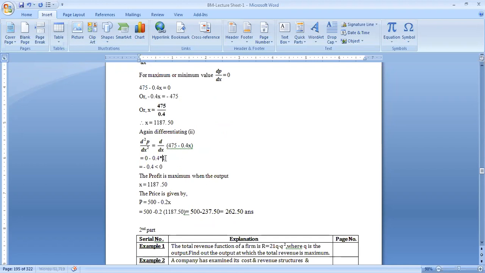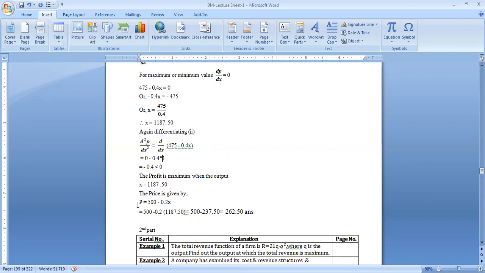That means 0.4 into 1 equals to minus 0.4. That means it will be negative. Negative means profit will be maximum. We know that if negative, then it will be maximum, and if positive, then it will be minimum. Since here the second derivative at this x is negative, the profit is maximum when the output is 1187.50.